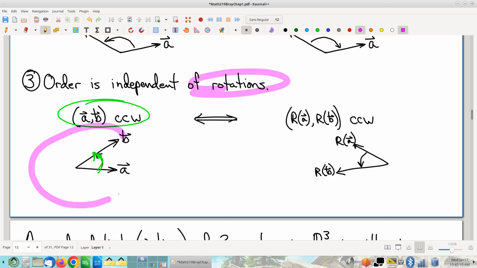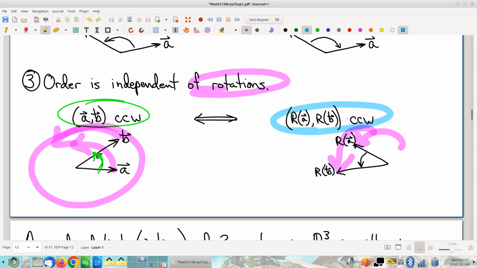This whole thing here, we're going to rotate everything around by some amount. Everything gets rotated. Then notice that the resulting vectors are still counterclockwise. So you might say rotating a picture preserves the order.